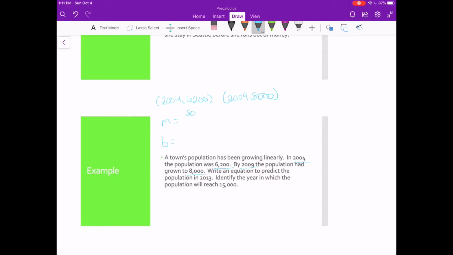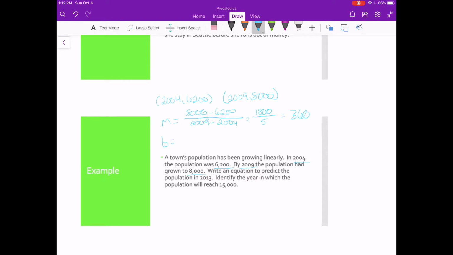So 8,000 minus 6,200 over 2009 minus 2004. 8,000 minus 6,200 is 1,800 divided by 5 years. And if we take our calculator, we can find 1,800 divided by 5 is 360.